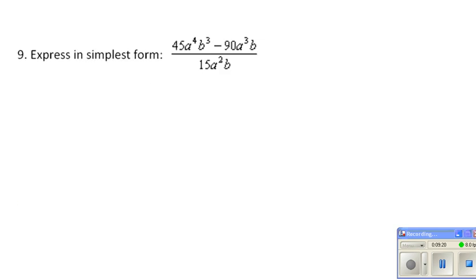Alright, next. In this case, this value, 15a squared b, will divide this term and this term. Let's see what we can do.